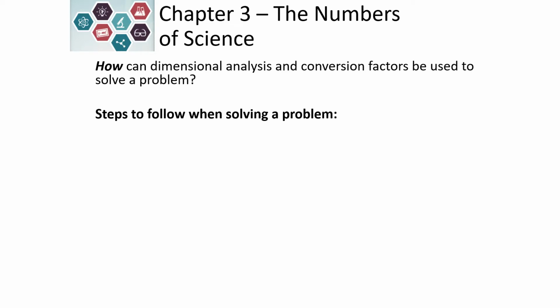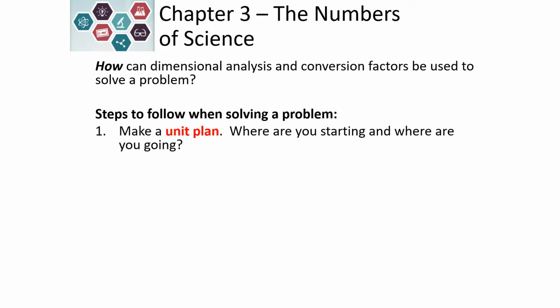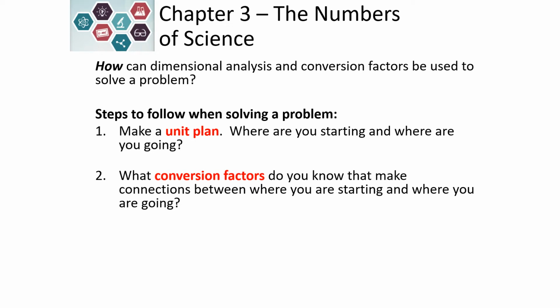So when we're trying to solve a problem, it's a good idea to have an organized plan. So we typically write out a unit plan, where we're starting at, where we're trying to go. Once we have our plan, we can use conversion factors that we know in order to connect between those units.